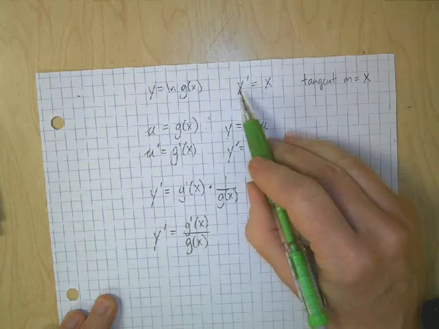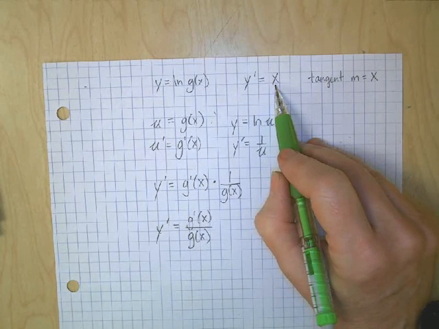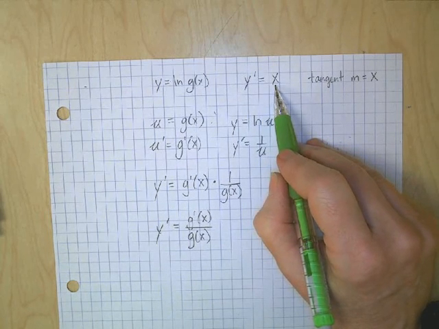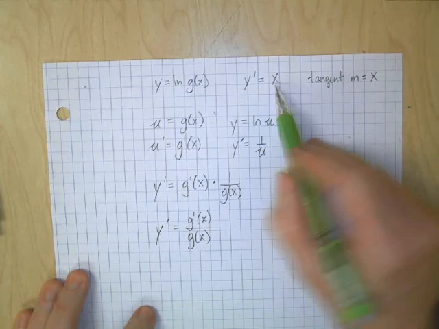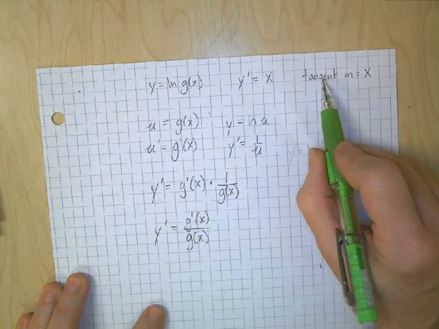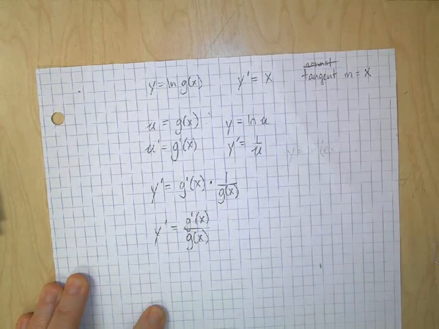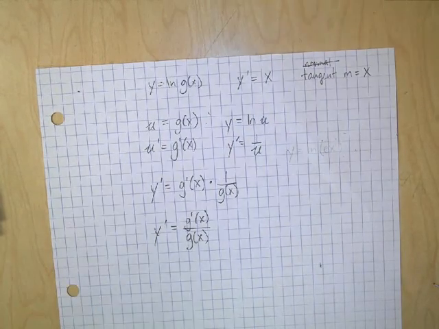I can say the derivative of the function has a value of x, because that gives us the gradient of the tangent at a point. Remember, the problem had said normal. I crossed that out and changed it to tangent, because otherwise I couldn't get the answer that they got in the back of the book.